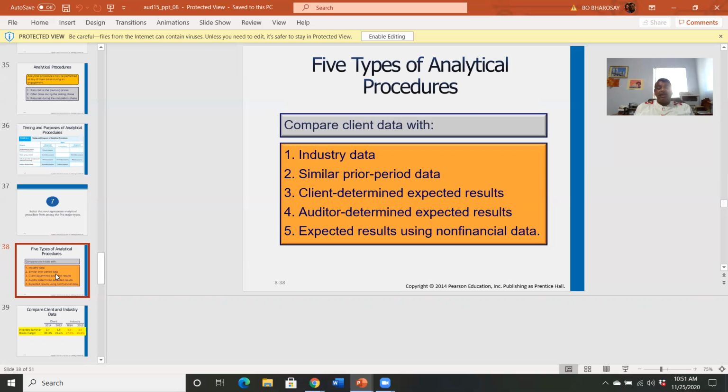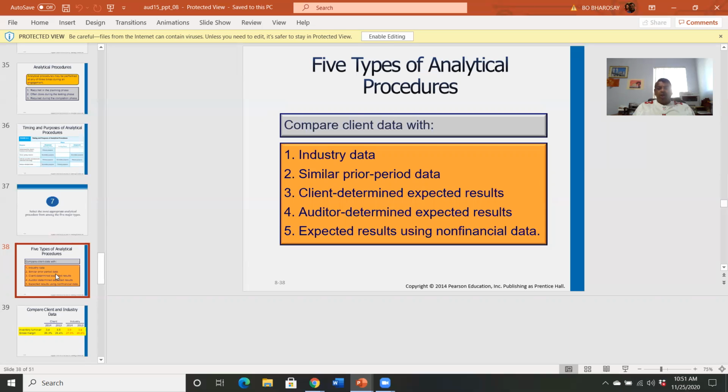3, we compare the client data with client-determined expected results. What are the client-determined expected results? The client-determined expected result is their budget. So we're comparing the actual with the budget, and if there are major variations, we need to understand why. 4, we compare the client data with the auditor-determined expected results.